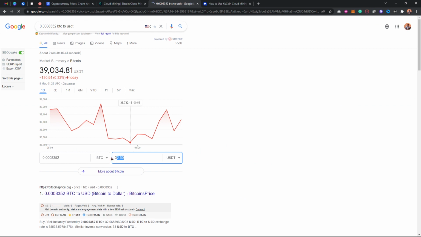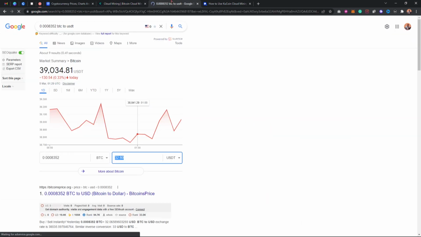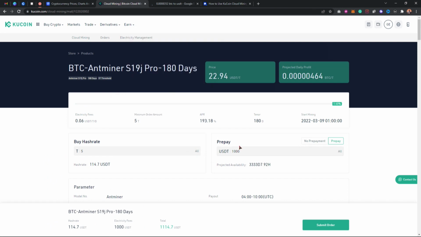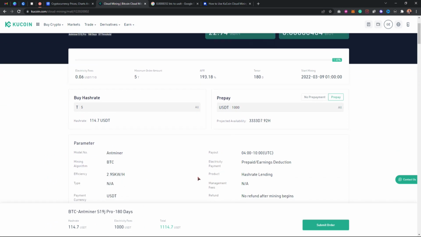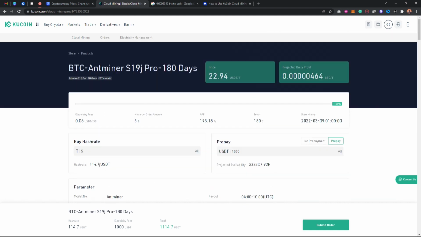As you can see, this is 32 USDT. So I think I'm not getting it right. I think I'm wrong.